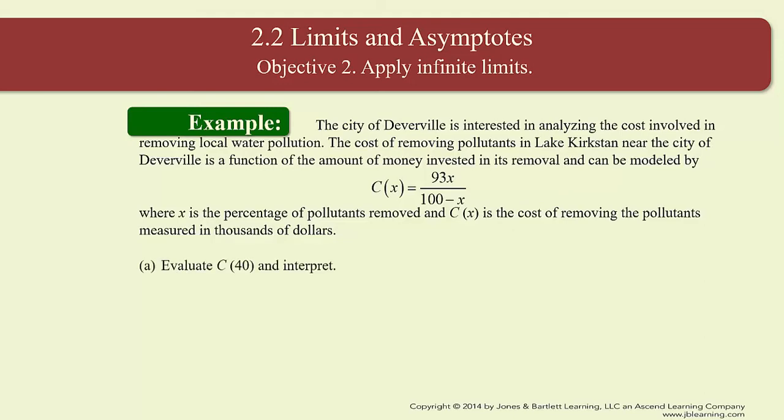In part A, we're just going to do an old algebra problem. We're going to evaluate C of 40 and then interpret what that means. Then in part B, we'll determine the limit as x approaches 100 from the left of C of x and interpret. So I'm going to head off to the chalkboard and work through this example.